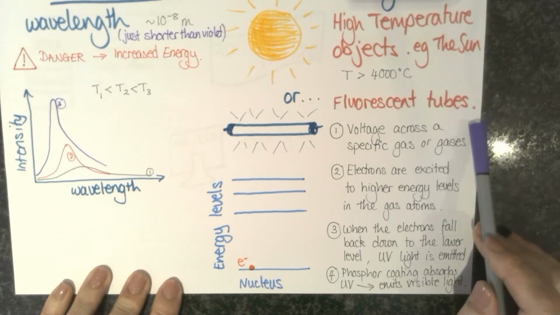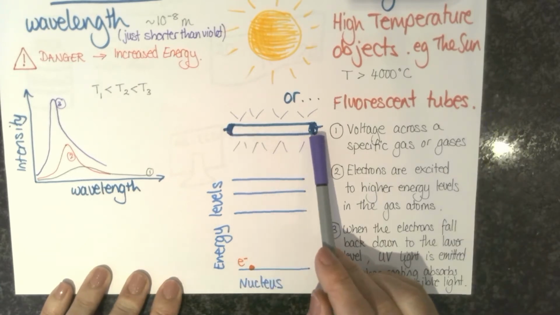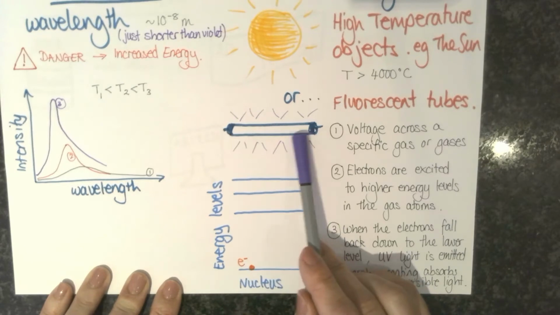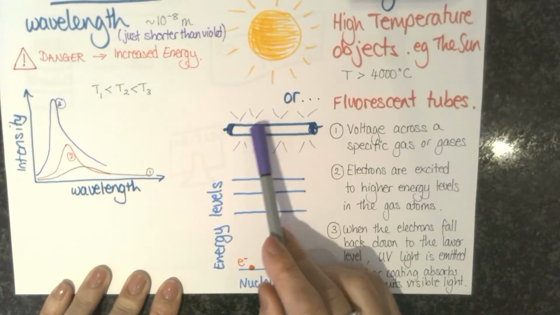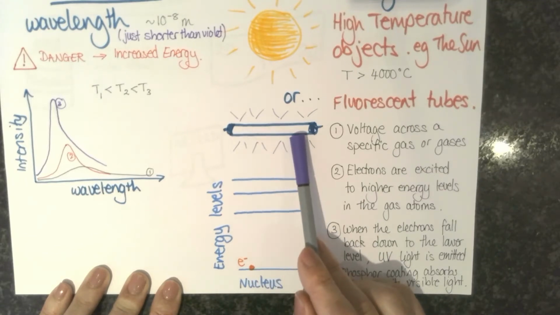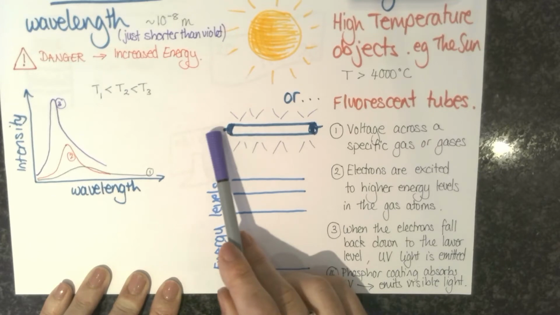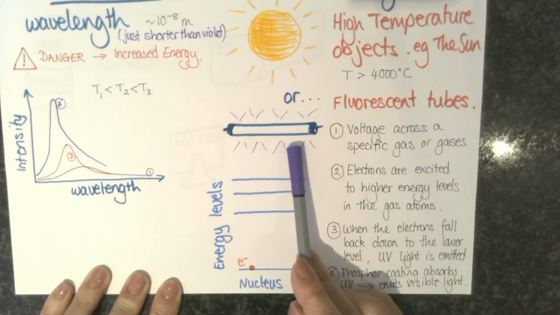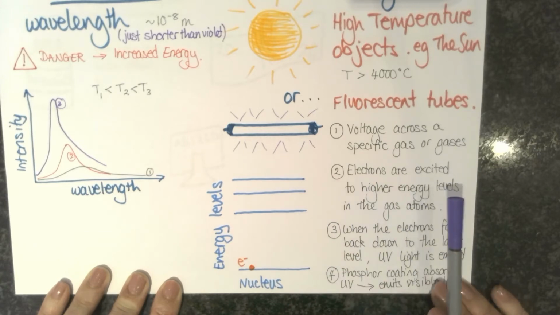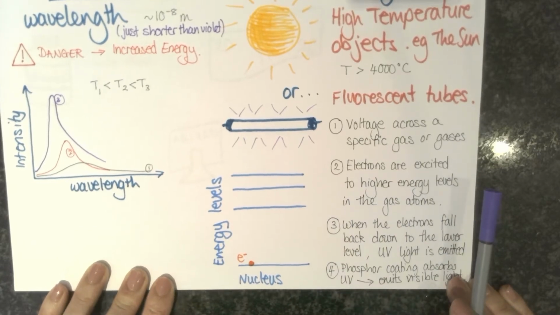So what we have is in our tube we have two terminals here and a specific gas or mix of gases within the tube and a phosphorescent coating on the outside. When you put a voltage across the two ends of the tube, the electrons within that gas are excited to higher energy levels in the gas atoms.